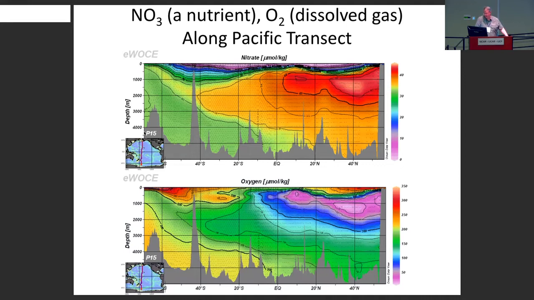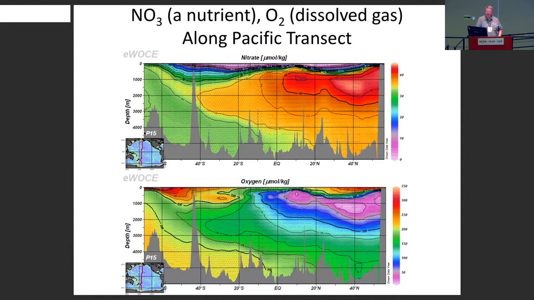But these are measurements of these quantities from thousands and thousands of measurements. If you got really close to this picture, you would see lots and lots of teeny tiny dots. Each of those represents a measurement of these quantities in the ocean. And then we've contoured those observations into these color maps.